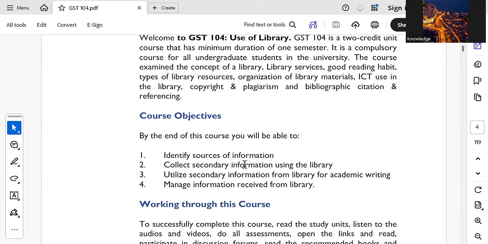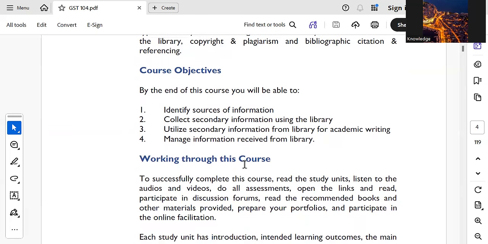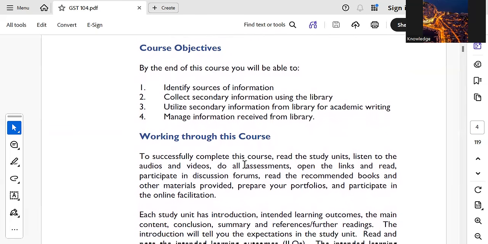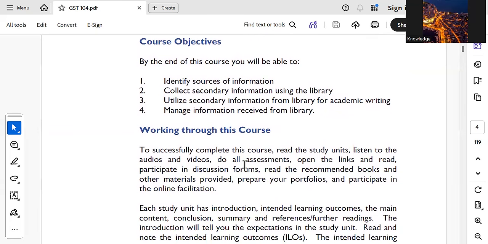You will eventually write a final year project in the university before you graduate. So this course is going to give you a lot of resources you will need to succeed in that aspect. Then it's going to imbibe in you how to manage information received from a library.